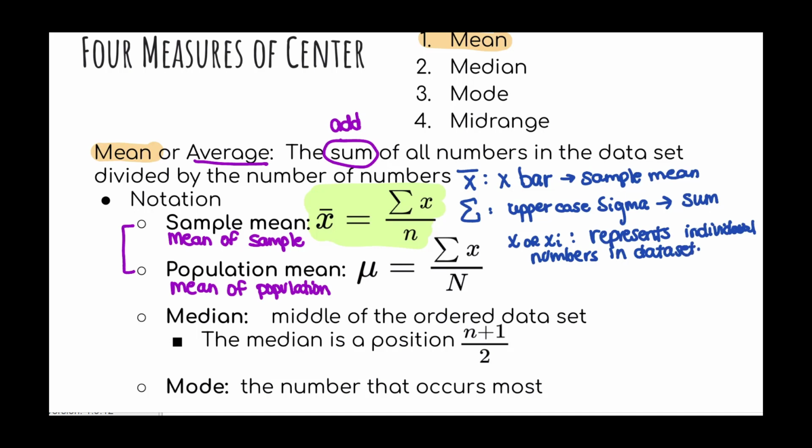So if you had the numbers like 1, 2, 3, 4, then the X would represent each of those numbers 1, 2, 3, and 4 individually. And so what it's saying is add those numbers together, the 1, 2, 3, and the 4.